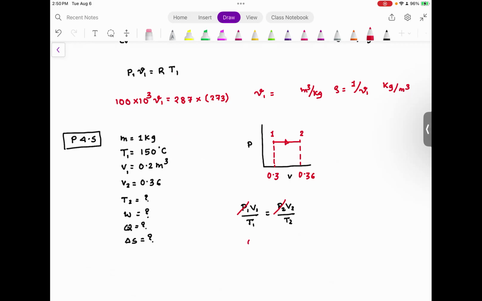So V1 is 0.3, T1 is 273 plus 150, V2 is 0.36 divided by T2. So solve this and you'll get the value of T2. That gives you the temperature at the end of the process.